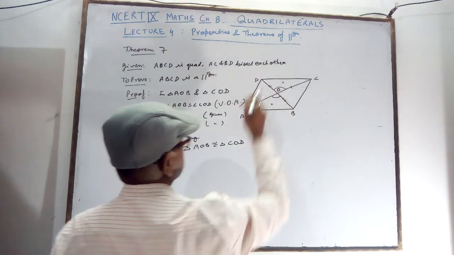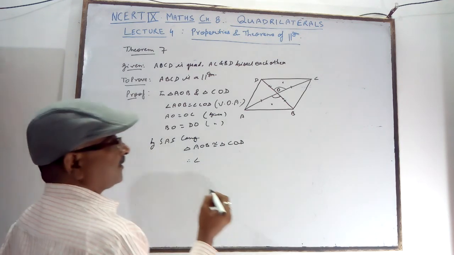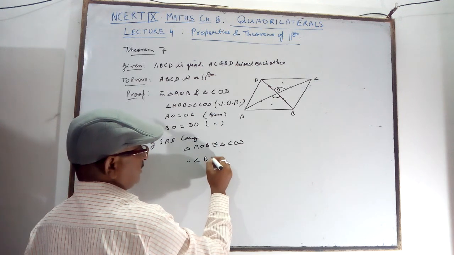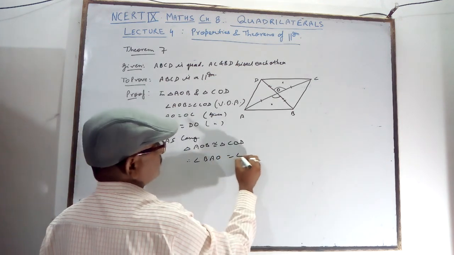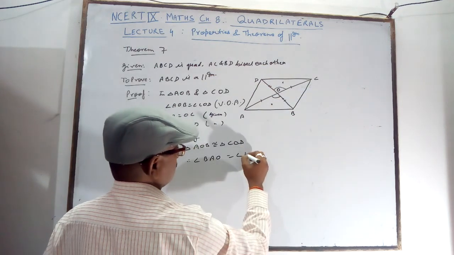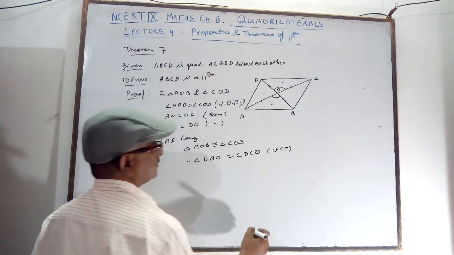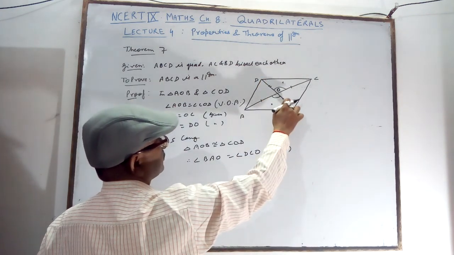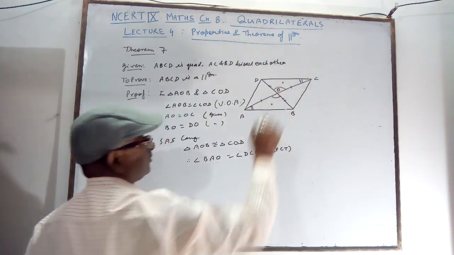AOB is congruent to COD. So what will you get? Angle BAO is equal to angle DCO by CPCT. Which angle? This angle and this angle. No, this I am taking. This angle and this angle are equal. Why?